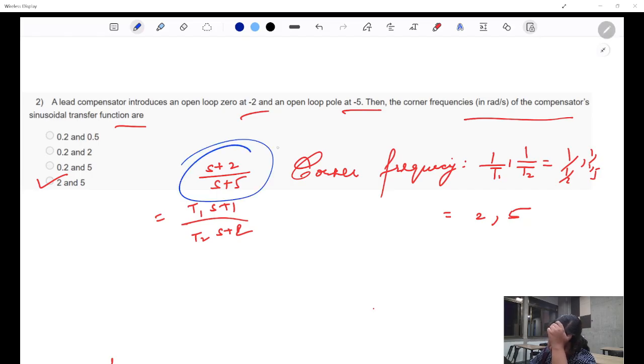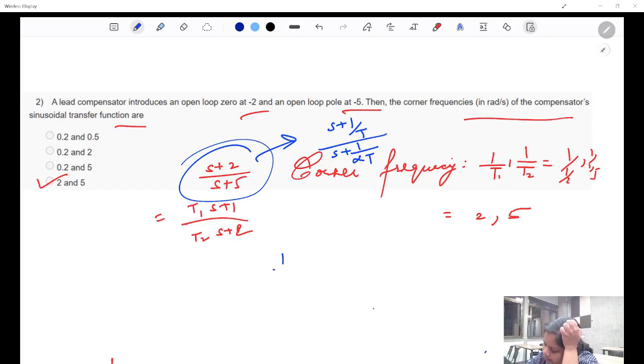From here, if we compare it to the original lead compensator equation, it should be S plus 1 by T upon S plus 1 upon alpha T. So 1 by T is equal to 2 and 1 upon alpha T is equal to 5.